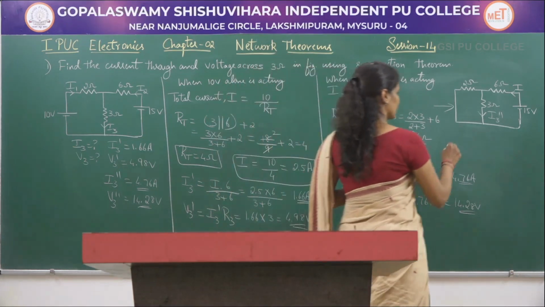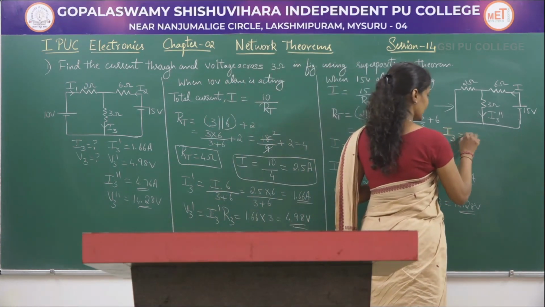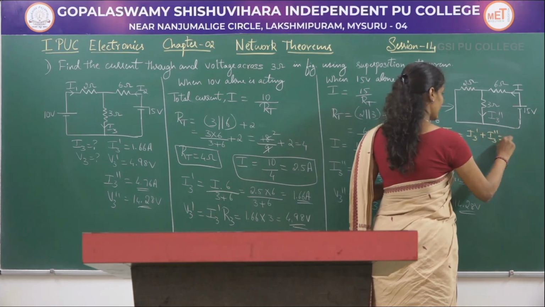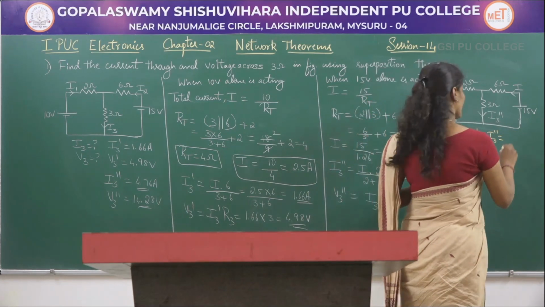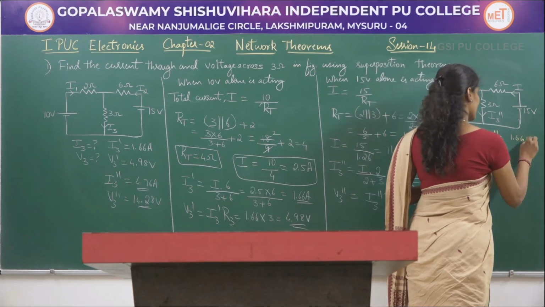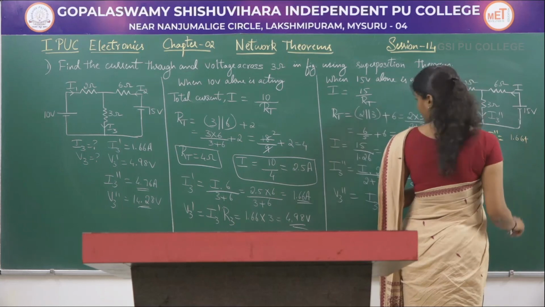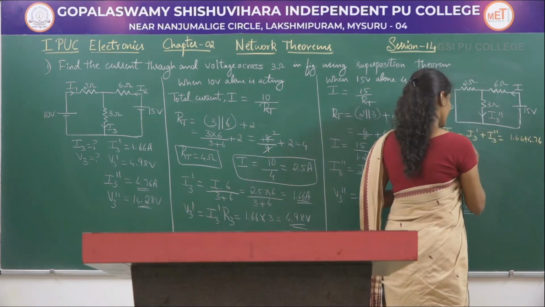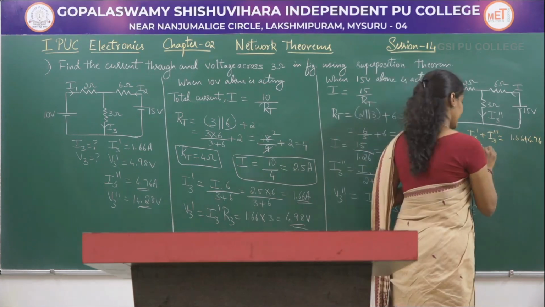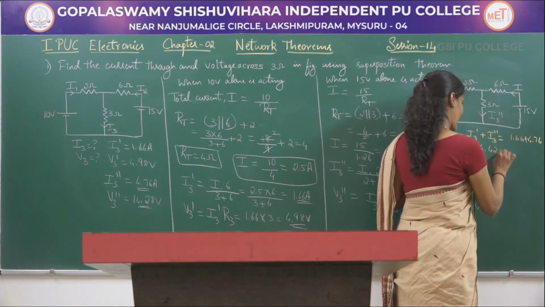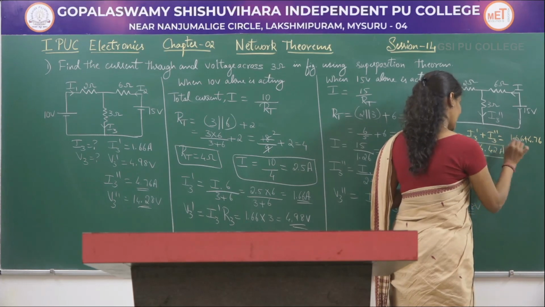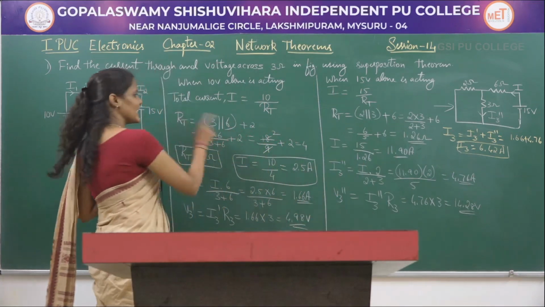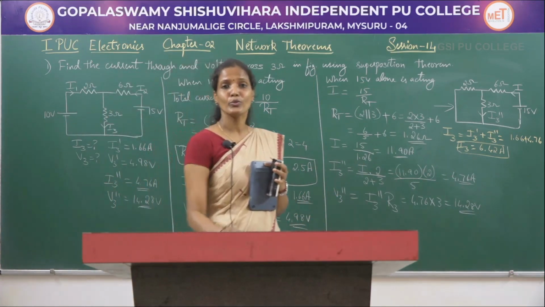The total current I3 equals I3 dash plus I3 double dash, whose values are 1.66 plus 4.76. So I3 will be equal to 6.42 amps. So the total current which is flowing through this 3 ohm resistor is equal to 6.42 amps.